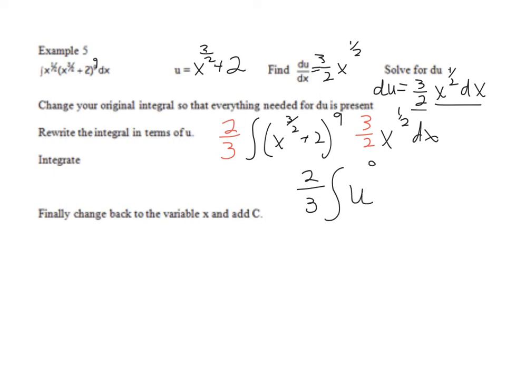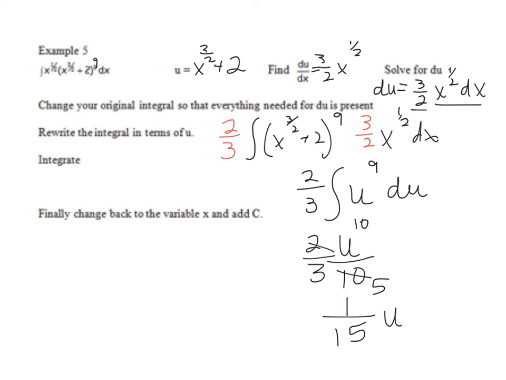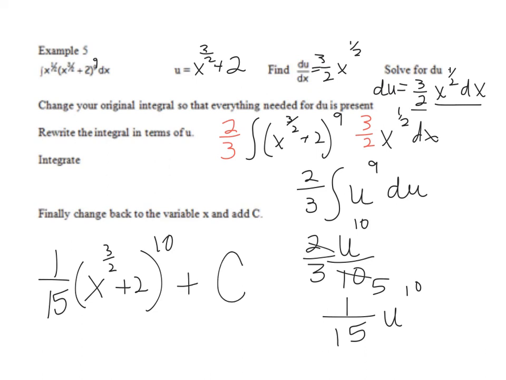So this will be u to the 9th du. This is u to the 10th over 10 times 2/3. So this will be 1 over 15 u to the 10th. 1/15 u is x to the 3/2 plus 2 to the 10th plus c.